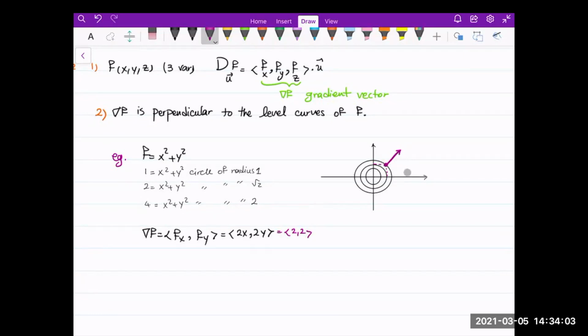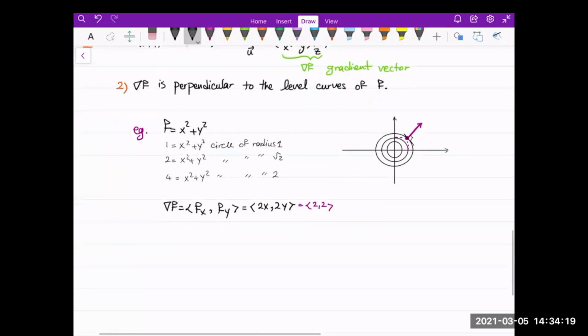As you see, this is perpendicular to the level curves, which are circles. Okay, that was about the gradient.